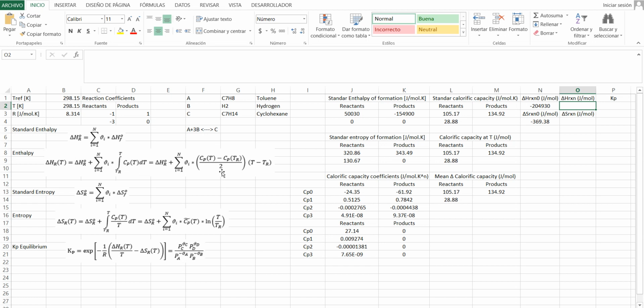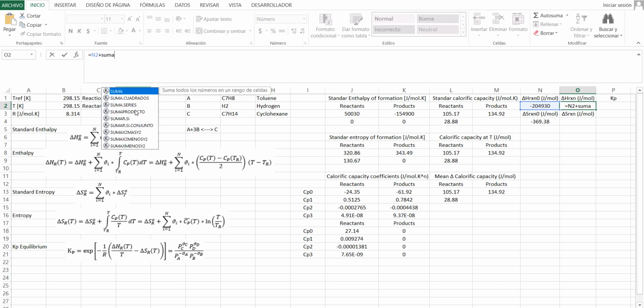So it would be the standard enthalpy of reaction that we calculated before plus the sum product of the reaction coefficients, this part, and the mean calorific capacity that we calculated here.